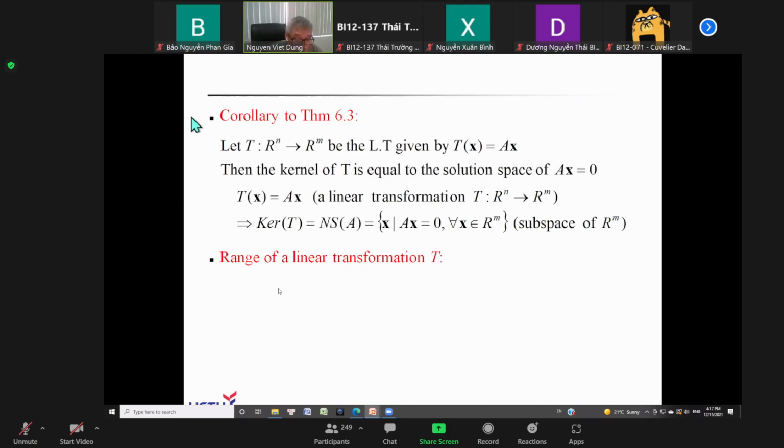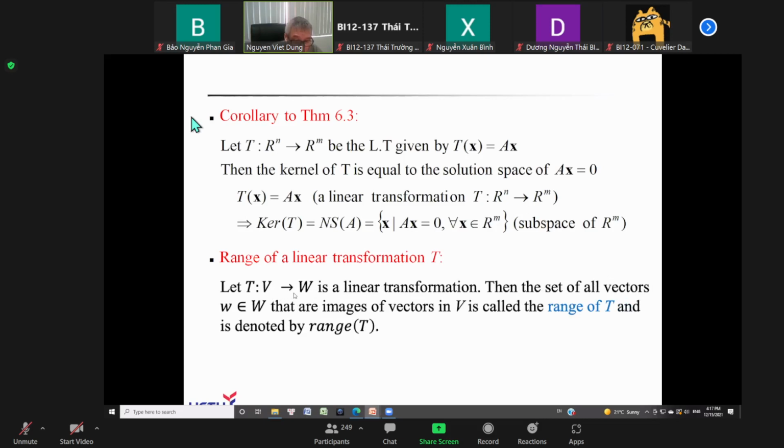That is the notion of the range of a linear transformation T. Suppose that T from V to W is a linear transformation.